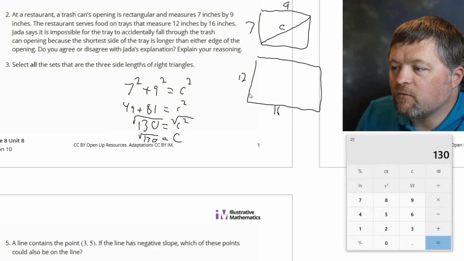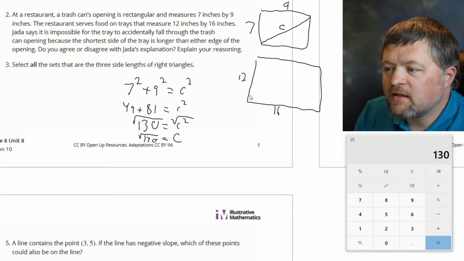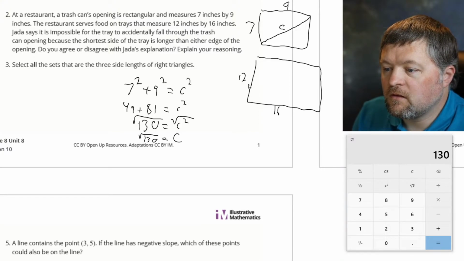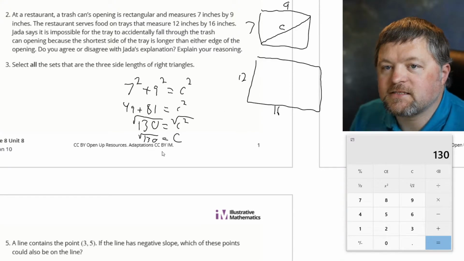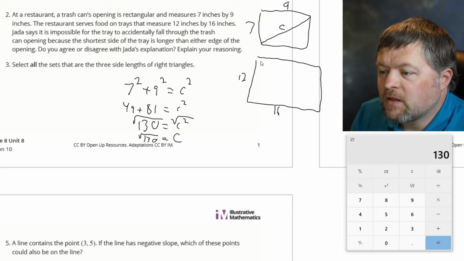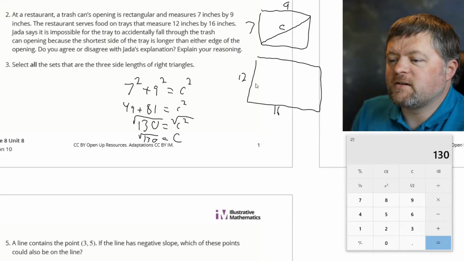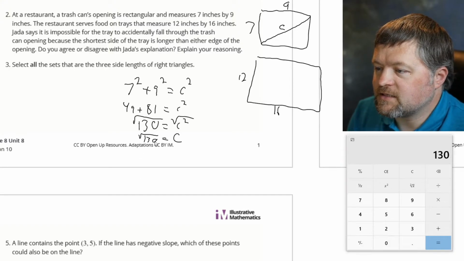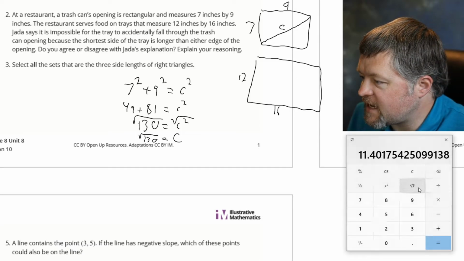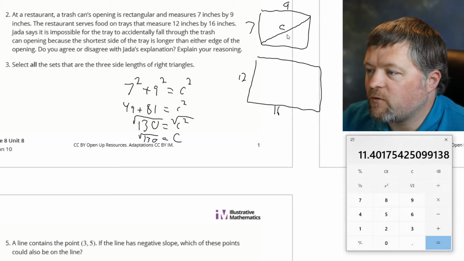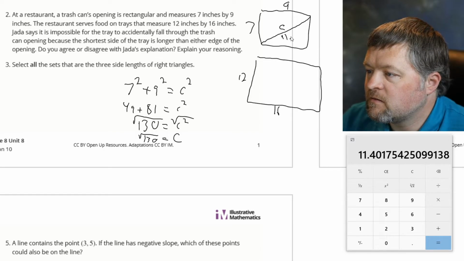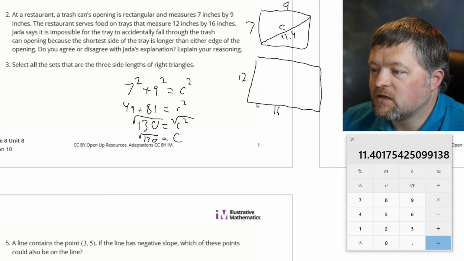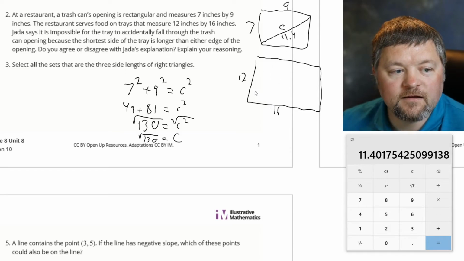Exactly. But we need that to be less than 12 inches. Is this less than 12 inches? Well, 12 squared is 144, so yes, this is less than 12 inches. Let's find out exactly what it is. It's 11.4 inches. So diagonally, that's 11.4 inches. This tray is not going to fit in there.